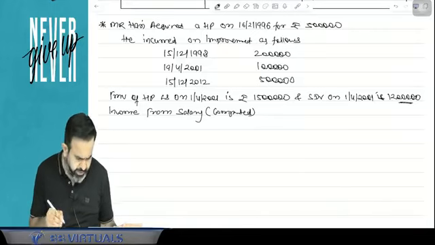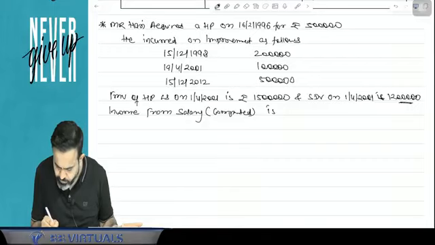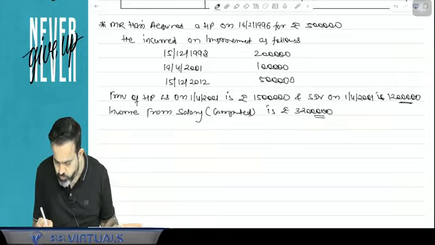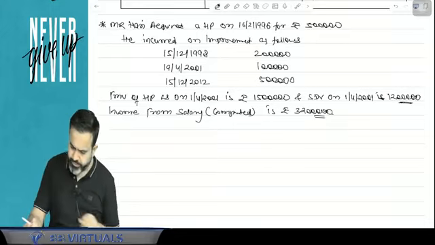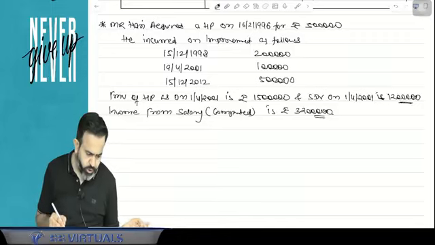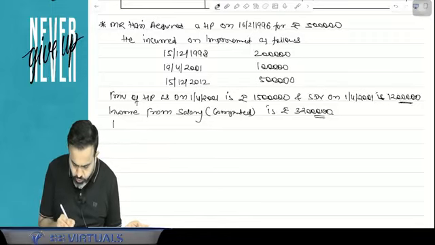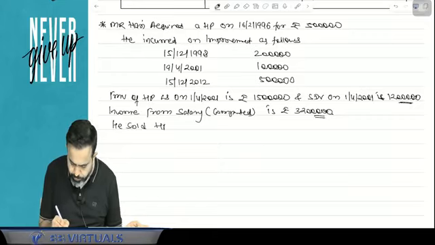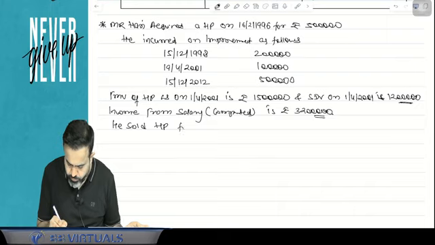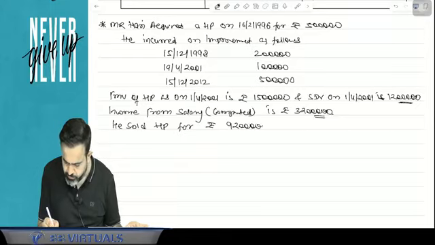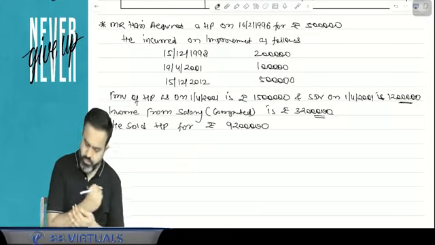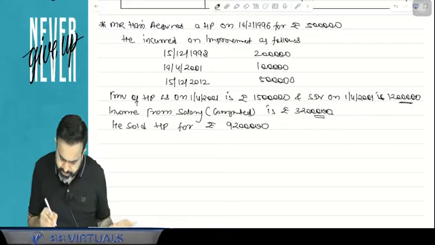So income from salary computed is rupees 32 lakh. He sold the house property for rupees 92 lakh.